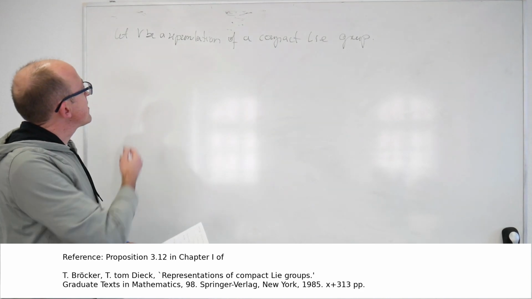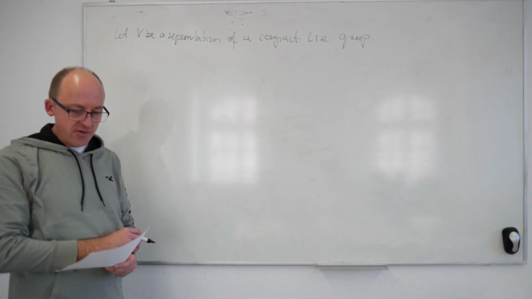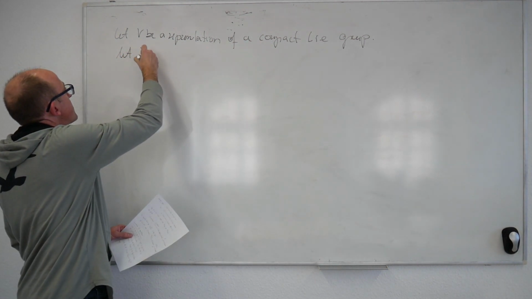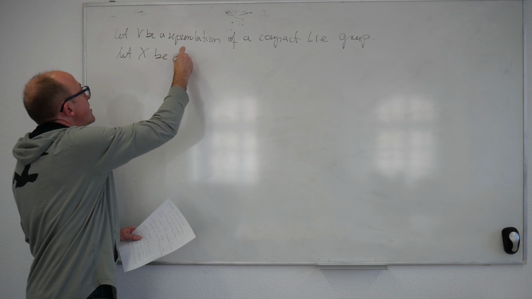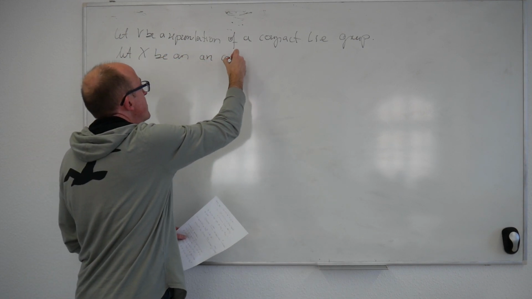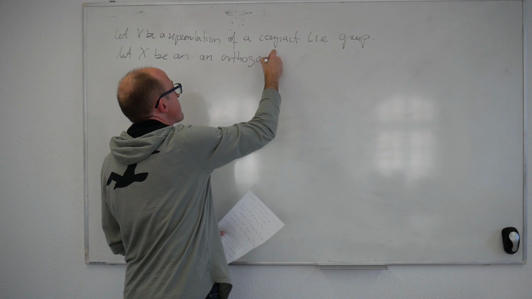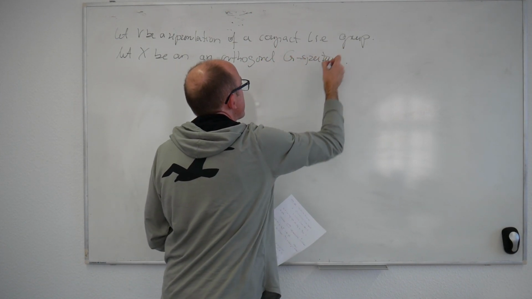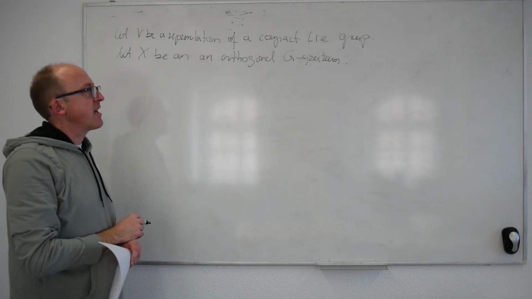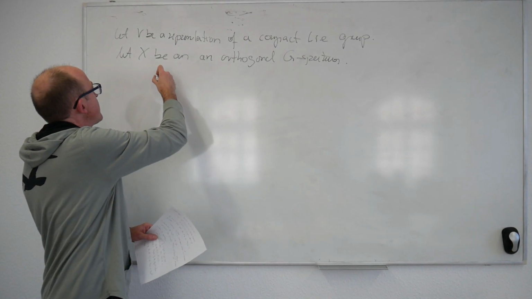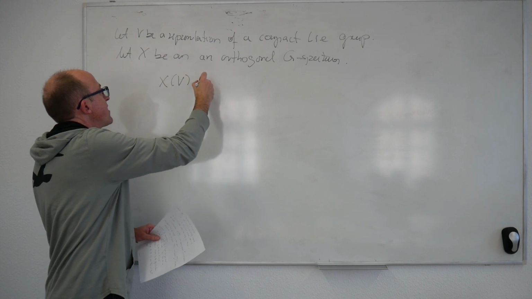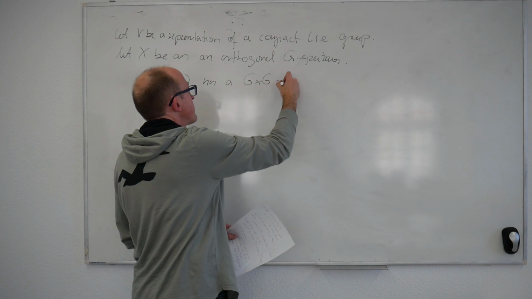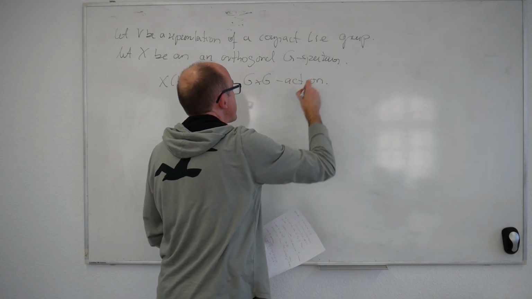Alright, so we have a finite dimensional orthogonal representation of a compact Lie group, and then we have an orthogonal spectrum. So let X be, or rather an orthogonal G spectrum. So now we can evaluate X at the underlying inner product space. So X of V has a G times G action. So why is that?